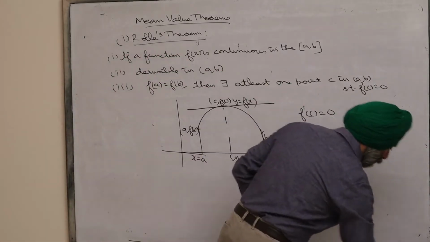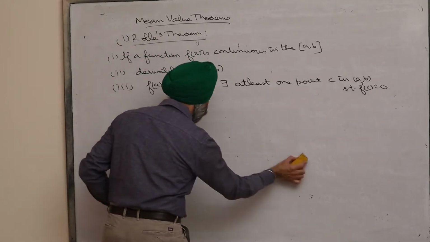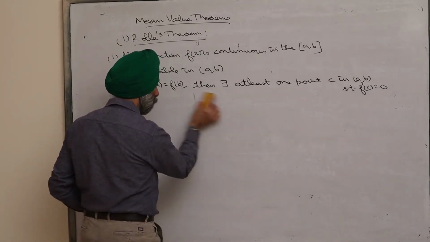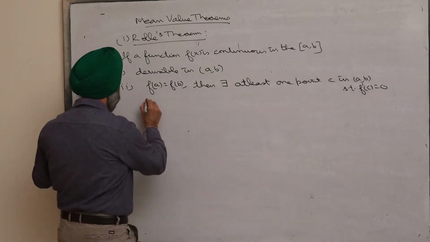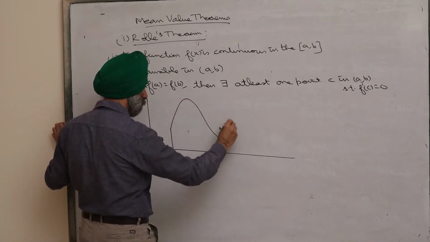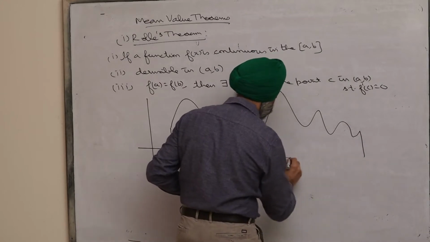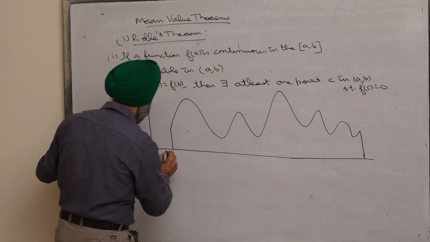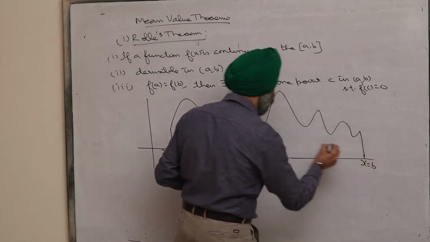Now according to the statement, there exists at least one point. What is the significance of at least one point? Say we have a function like this. So this is x is equal to a, x is equal to b.